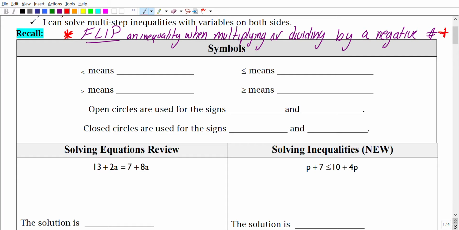It is something that we talked about in the last section, but I want to make sure you guys are still understanding that we have to do that flip whenever we multiply or divide by a negative number.